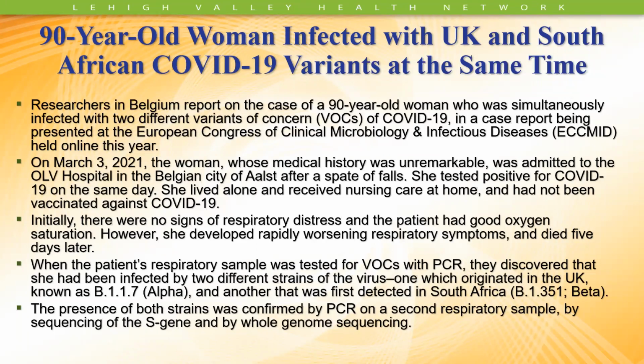She tested positive for COVID-19, and she lived alone and received some nursing care at home. The patient had good oxygen, however, she developed worsened respiratory symptoms, and within 5 days she was dead. When they looked at her respiratory samples, she had evidence that she had both mutant viruses. So now it appears that you could be affected by multiple different coronaviruses.